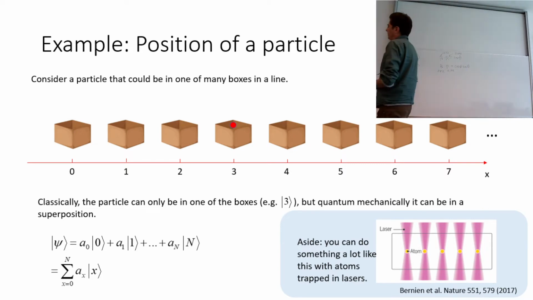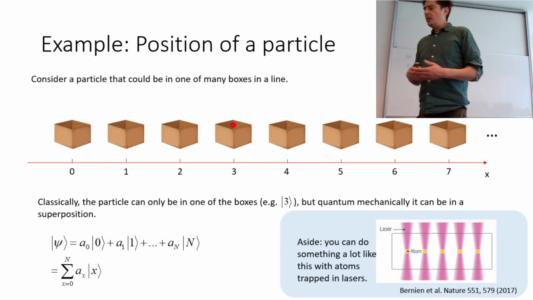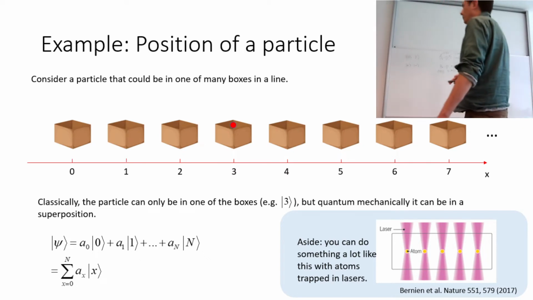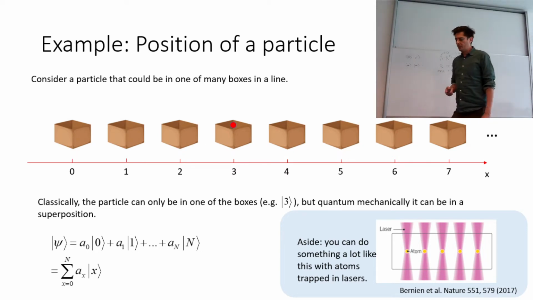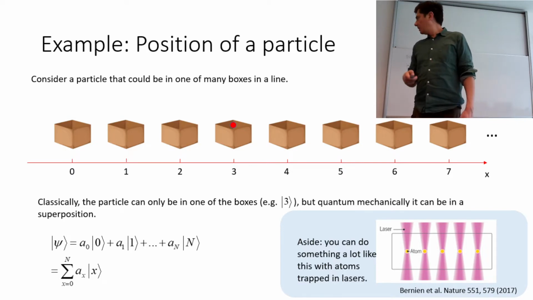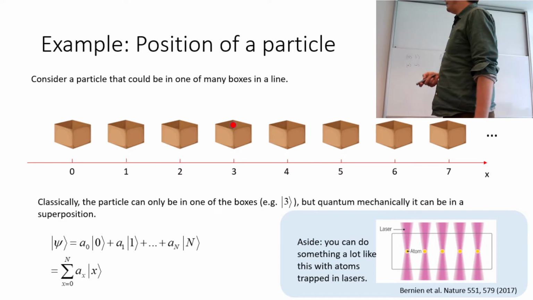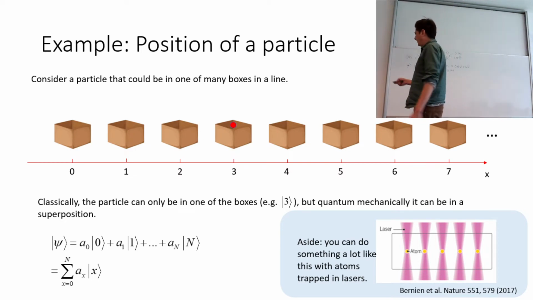Now I said this was maybe not too unrealistic, and I mean that because you can actually do a kind of experiment like this, and people have been able to do experiments that look a little bit like this. What it looks like in real life aren't really boxes, of course, but atoms.